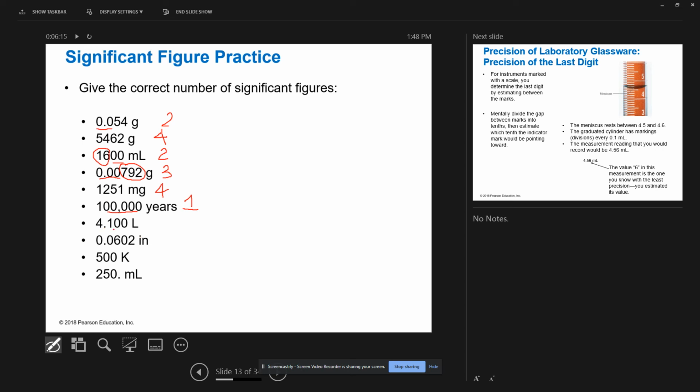Here, I have a decimal with some trailing zeros behind a non-zero digit, so all 4 of these count. This one, I have leading zeros and a decimal. They do not count. And then I have 3 significant figures. 500, again, no decimal, so they're trailing zeros.